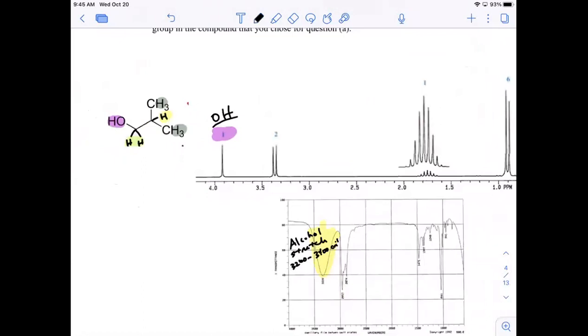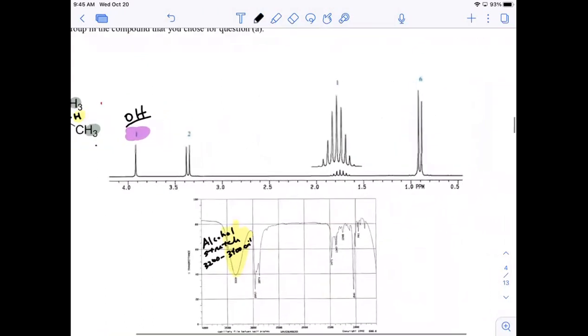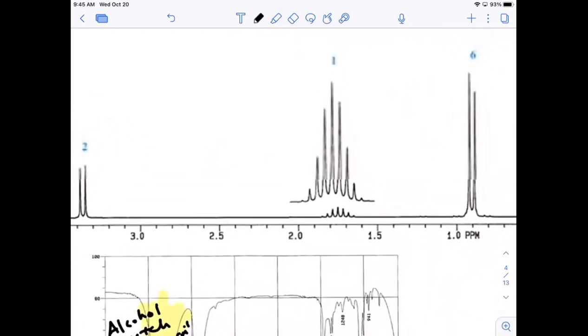It's not going to couple, and when it shows up, it does show up as a singlet. And you can look at the integration as well. It's integrating for 1 proton. So that's another giveaway. Now we have another signal that's integrating for 1 proton. Look at how many lines it's split into.